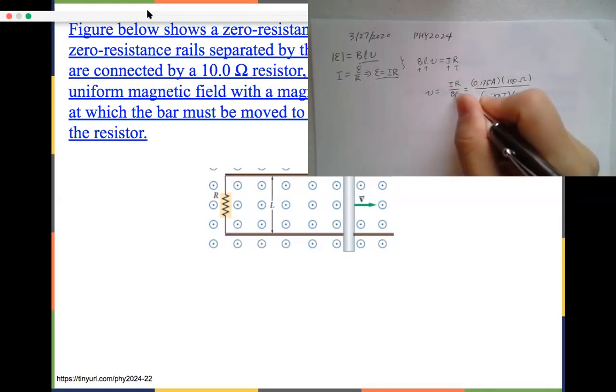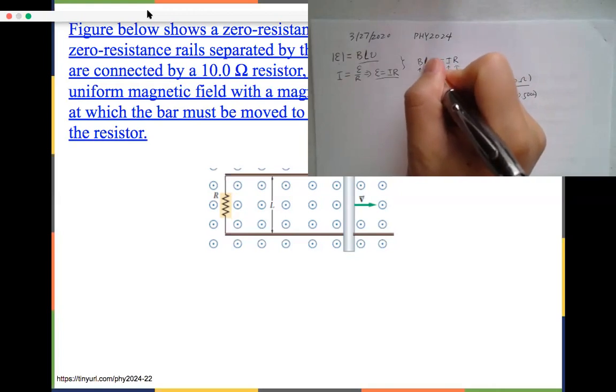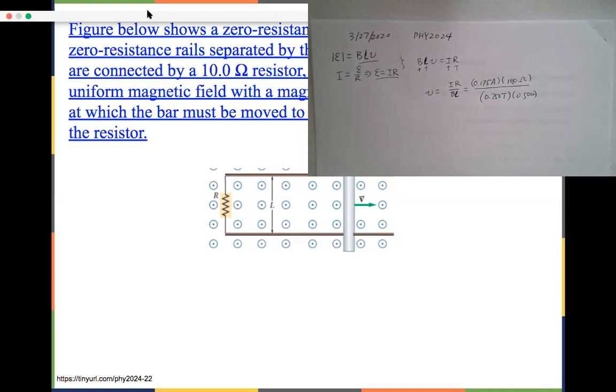I should write capital L because it's given as capital L. In the original formula we derived we were using small l, but that doesn't matter. It's just a symbol.